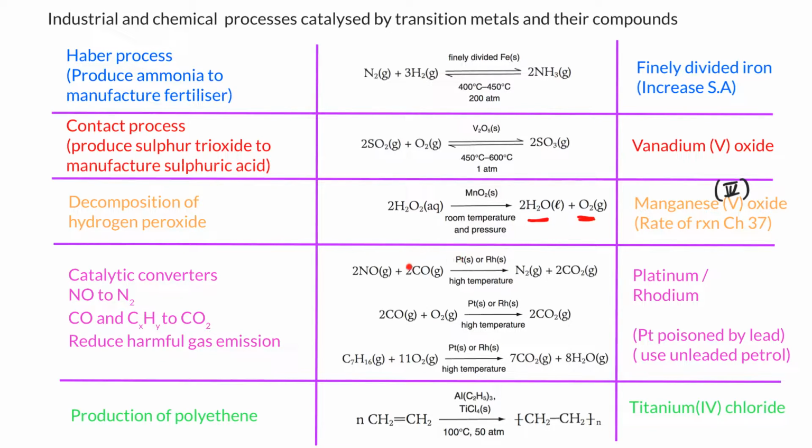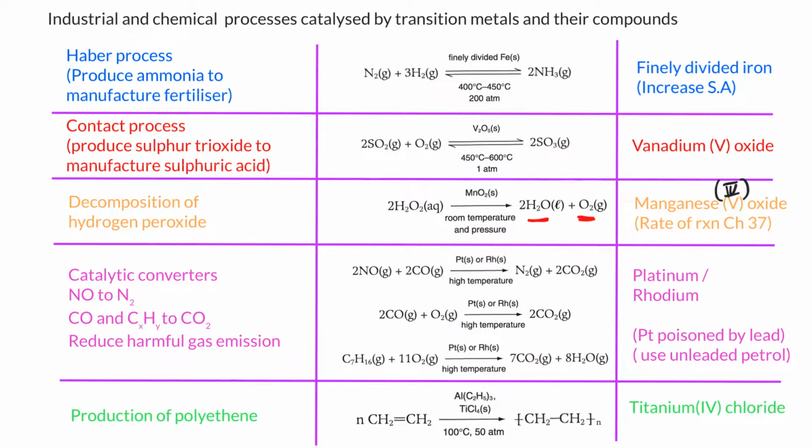You did learn these reactions before. We use platinum or rhodium as a catalyst. One thing I want to remind you is that platinum can be poisoned by lead or lead compounds. That's why, if we use catalytic converters, we need to use unleaded petrol.